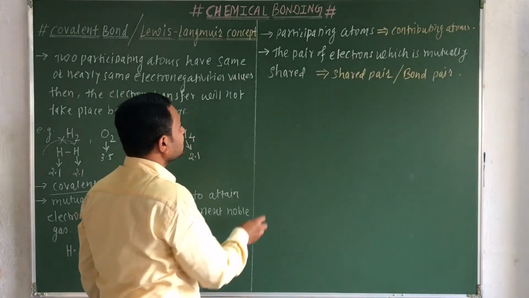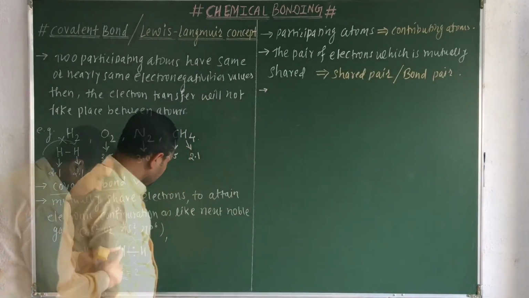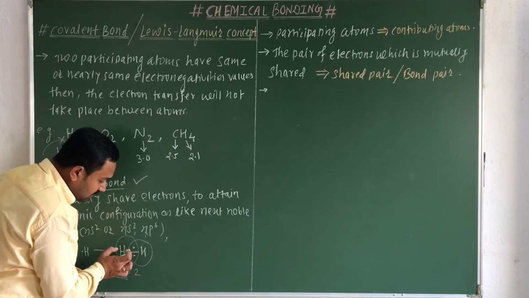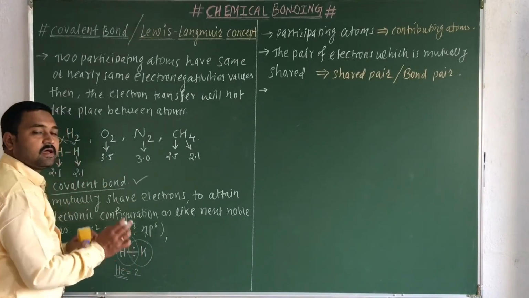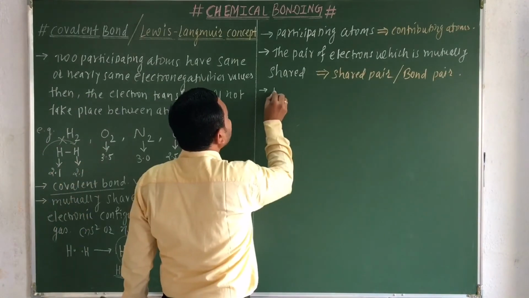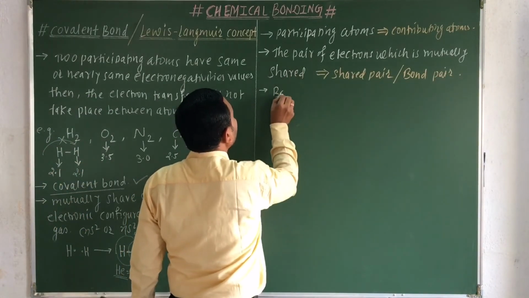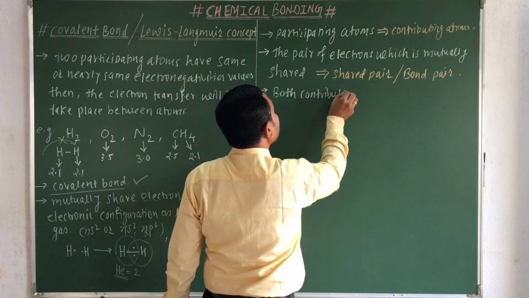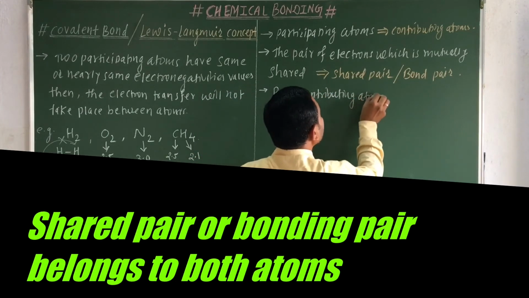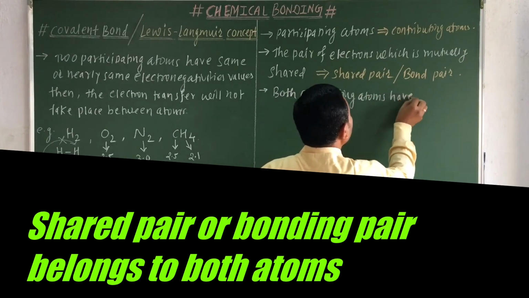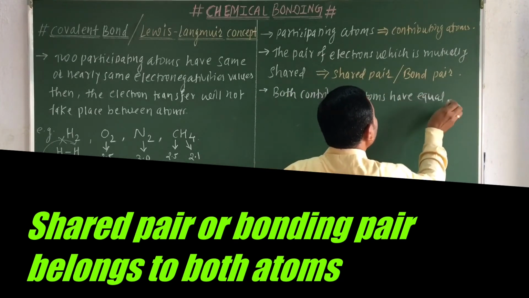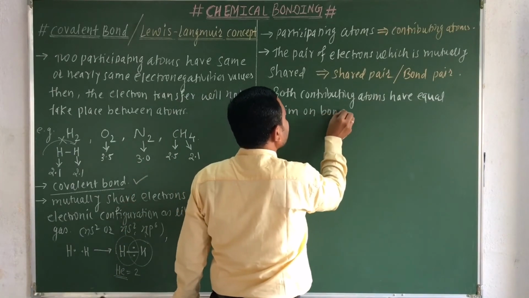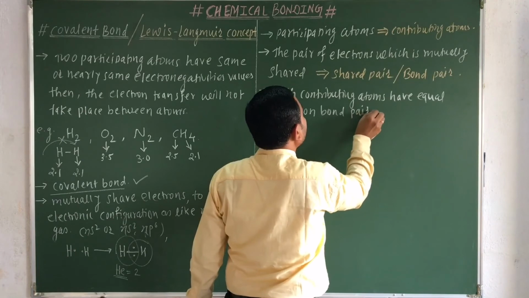Then the next important point: though the electrons come from the two atoms, both contributing atoms have an equal claim on the bond pair or shared pair.